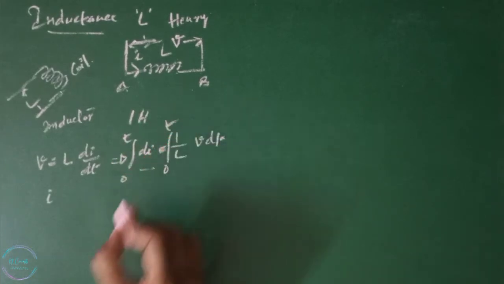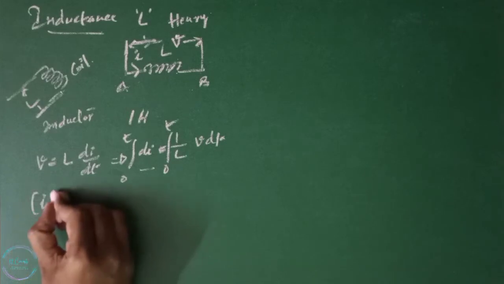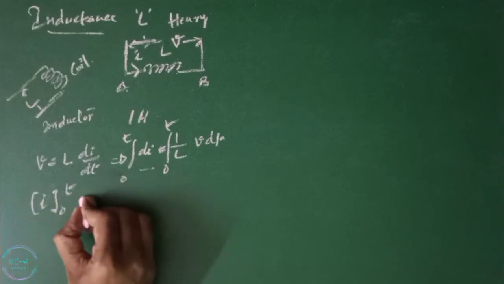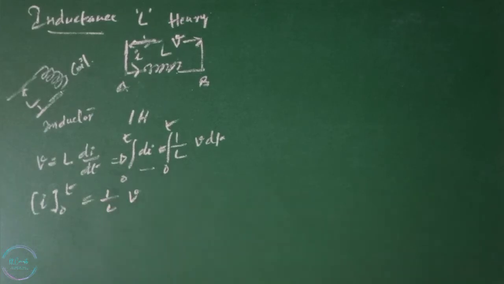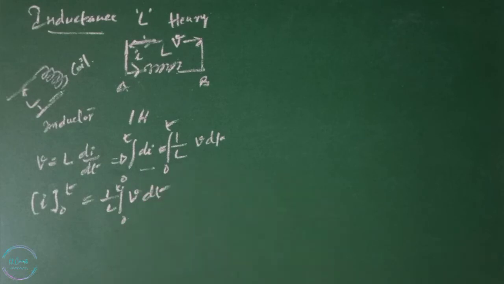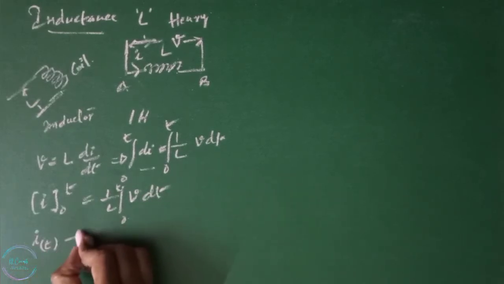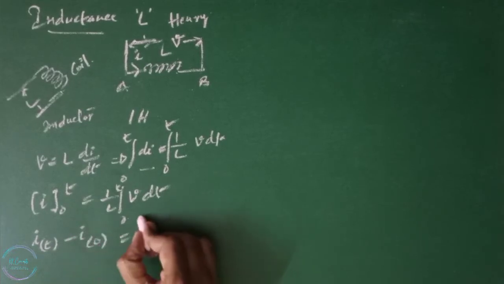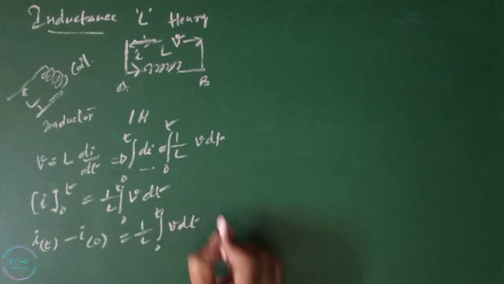On the left-hand side we get I from 0 to t equals 1 by L, L is constant, integral 0 to t of V dt. Then I of t minus I of 0 equals 1 by L integral 0 to t of V dt.